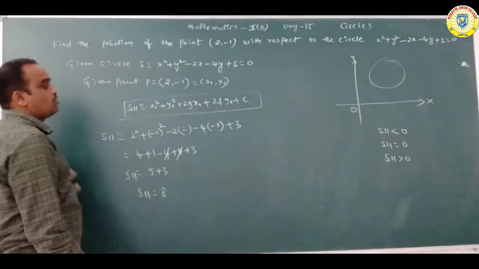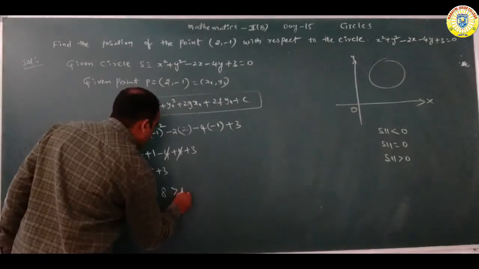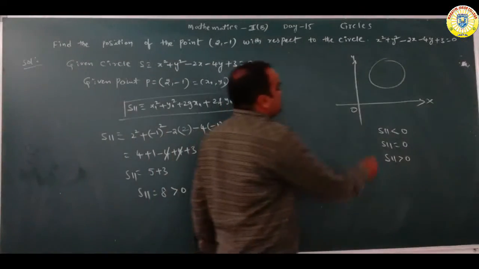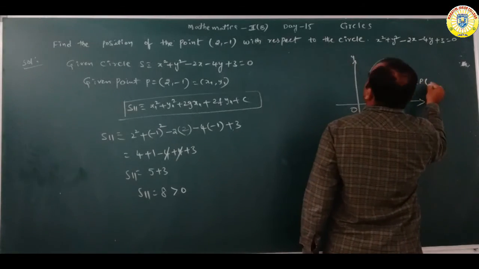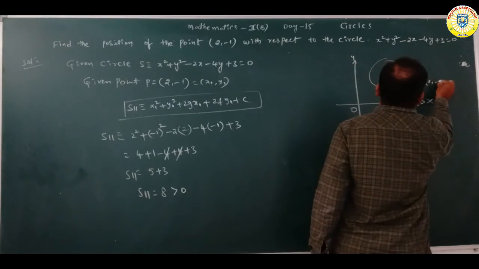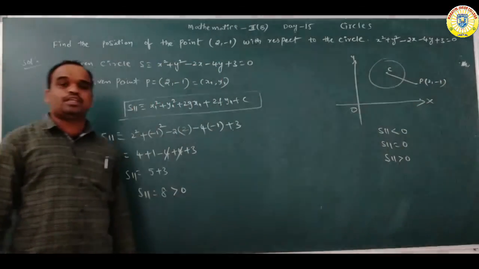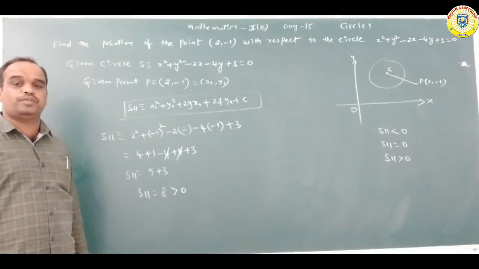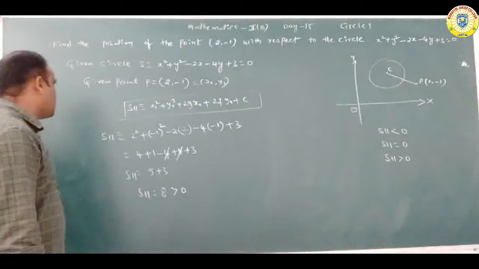Is 8 a positive value or a negative value? Positive value. S11 greater than 0. In that case, P is outside the circle. If S11 is less than 0, P is inside the circle. If S11 is equal to 0, P is a point on the circle. Here S11 is equal to 8, greater than 0.